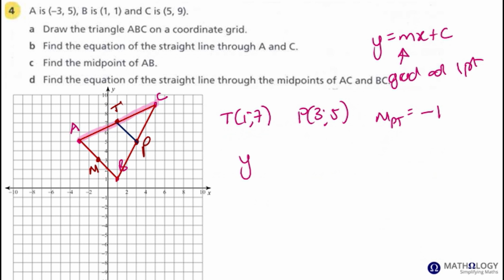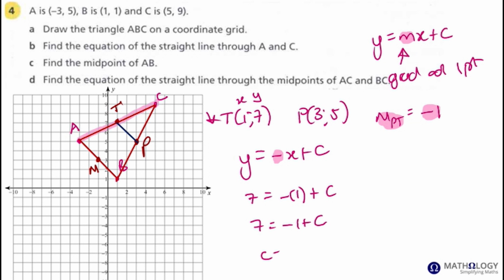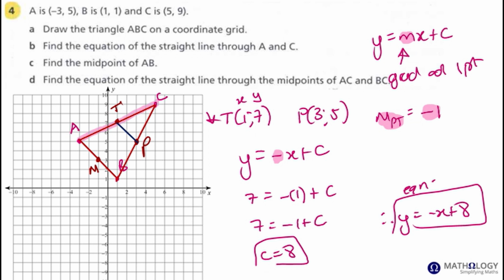So y equals minus x plus c. Let's put in point T. So x is 1, y is 7. So 7 equals minus 1 plus c. c equals 8. So therefore y equals minus x plus 8. And this is the equation of the line PT.